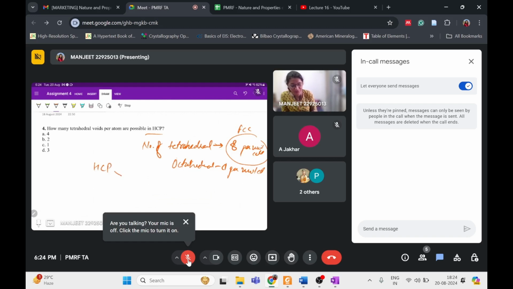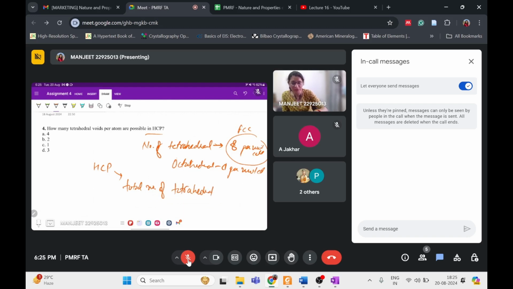For the HCP one, the total number of tetrahedral will be... sorry, this is per unit. Same thing is for the HCP one. Here it is asked about per atom, because if we know the FCC one, we can calculate the HCP one also.